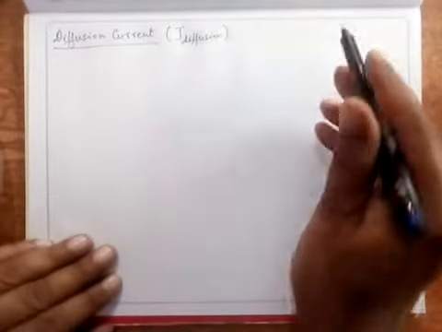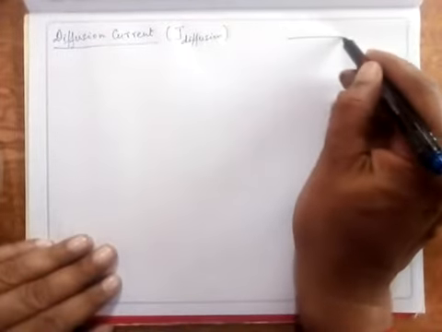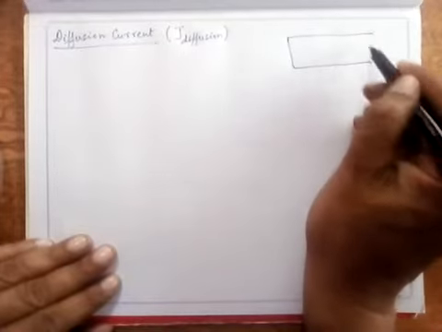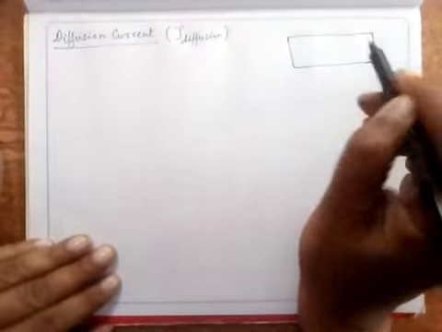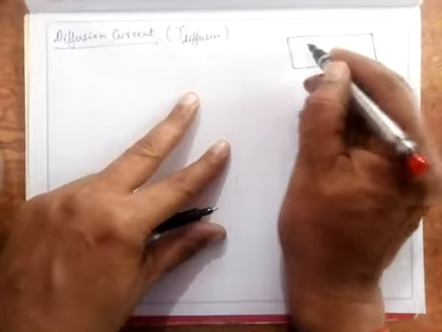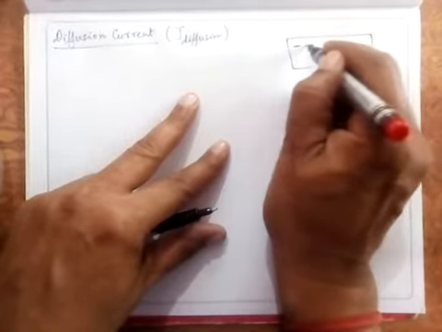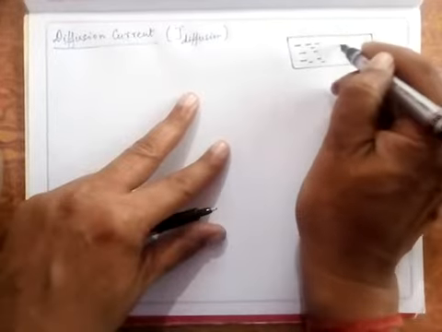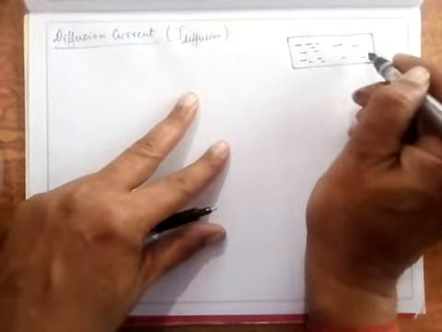First of all, suppose you have a semiconductor here, or it can be a conductor also, with electrons as well as holes. Let's suppose these are the electrons in this semiconductor, and the concentration is like this.